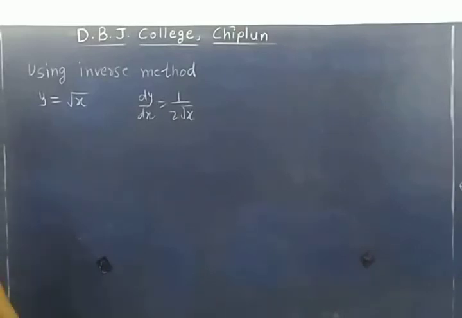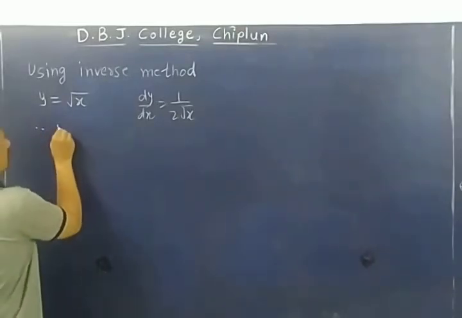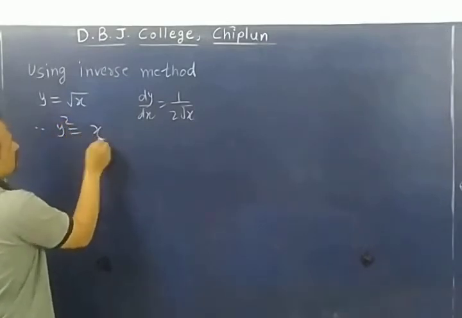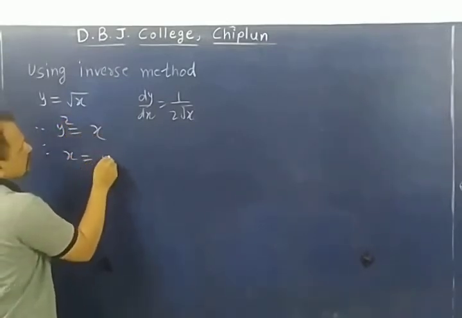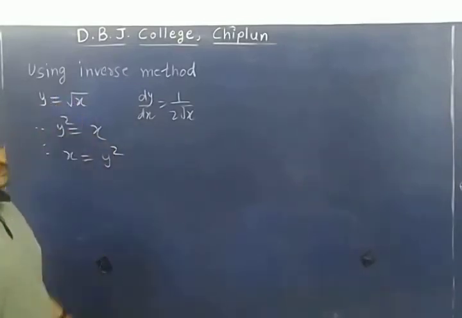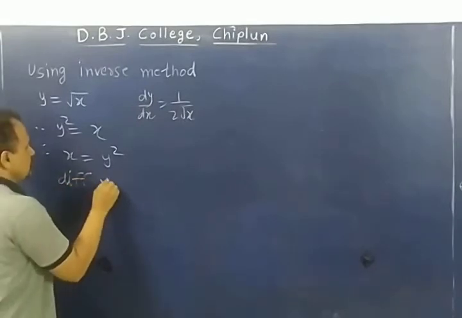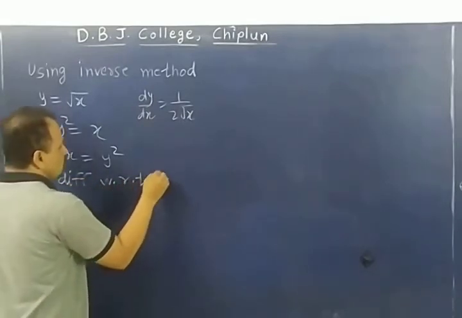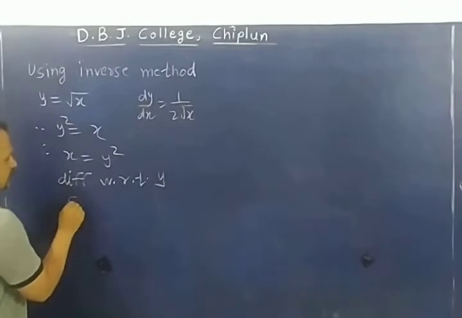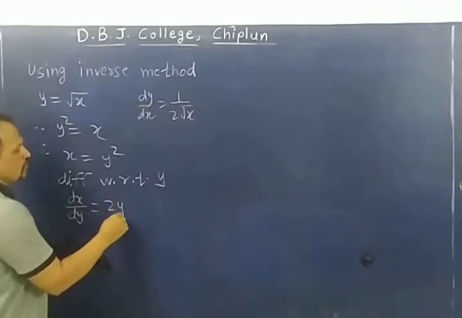Y is equal to root x. We are going to find out its inverse function. Therefore, y square is equal to x. X equal to y square is the inverse of this function. Differentiating with respect to y, dx by dy is equal to 2y.